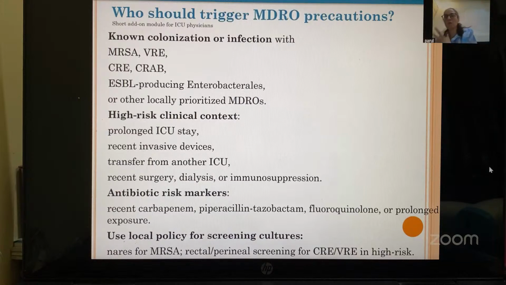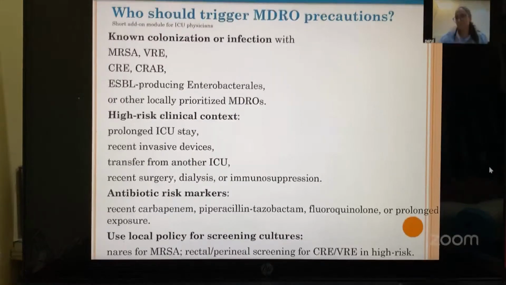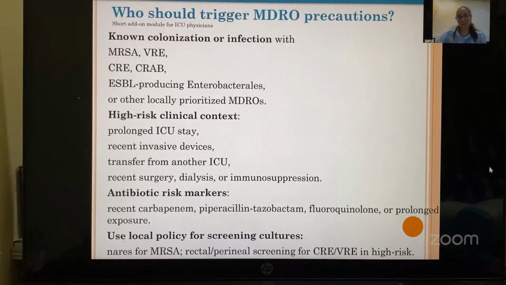In an immunocompromised transplant setting, we might be doing perianal screening for CRE and VRE in high-risk patients, while that might not be required in a high setup where the patients are more immunocompetent.